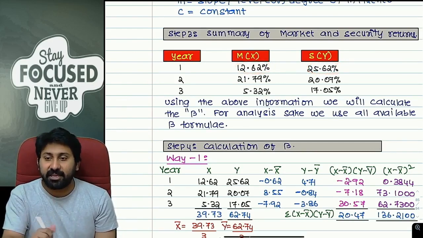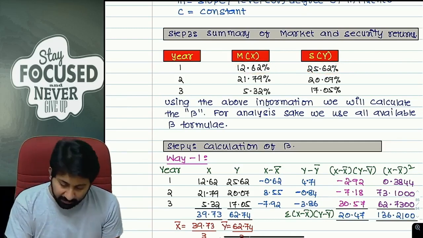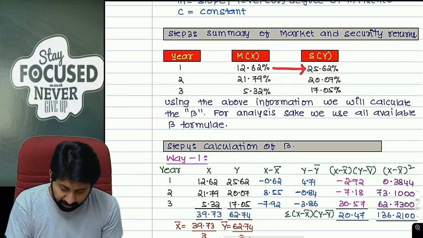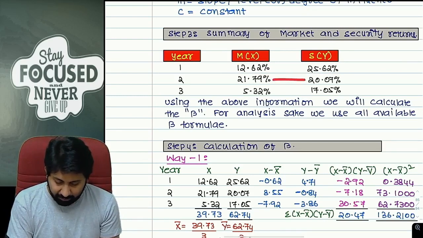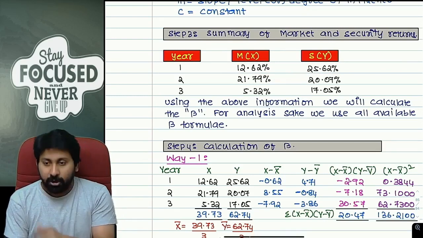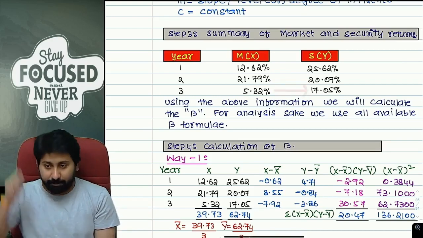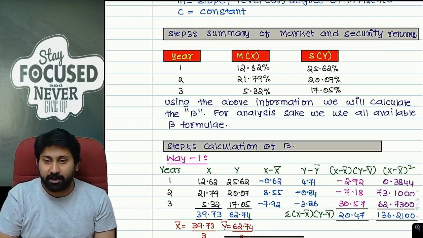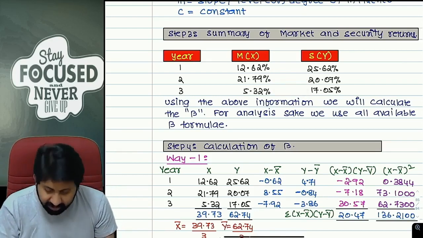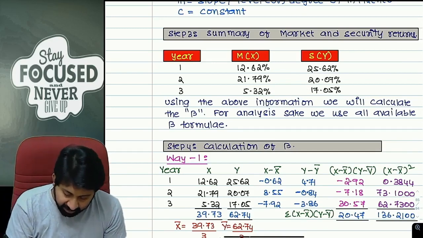Like that, all 3 years have different returns. When market is at 21.79, you are standing at 20.07. When market is at 5.32, you are at 17.05. Using the above information, we will calculate the beta.